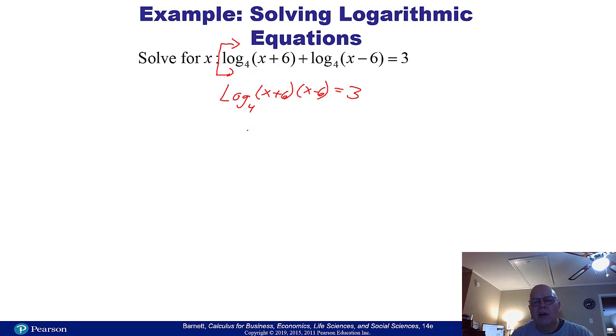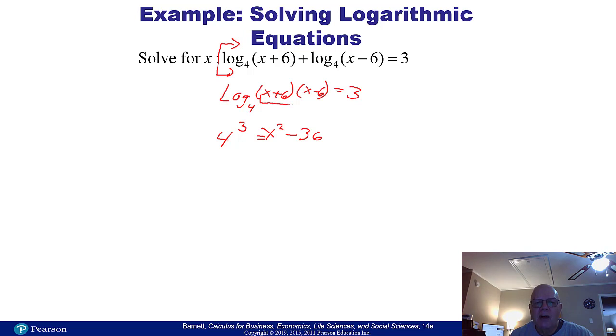Now, where can I go from here? Back to the base. 4 to what power? Well, logarithms are exponents. So the exponent is 3. And what's it equal to? The rest of it. X squared minus 36.